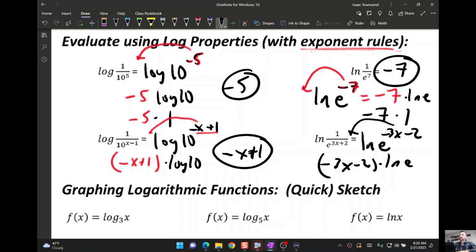Natural log of e is still 1. You're going to get sick of me saying some of these, but this is because e to the first gives you e. So this times 1 just gives you this. So sometimes on some of the harder questions, we have to use a little bit of exponent rules before we can use one of those properties.